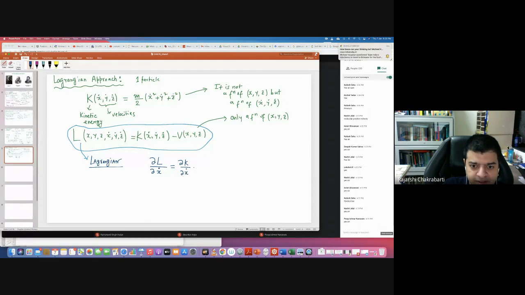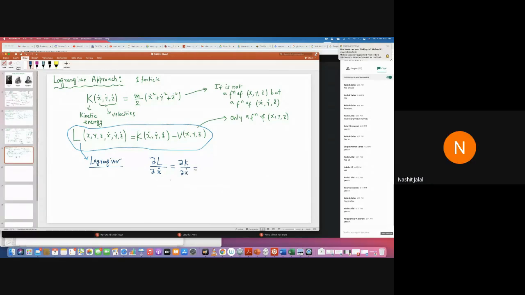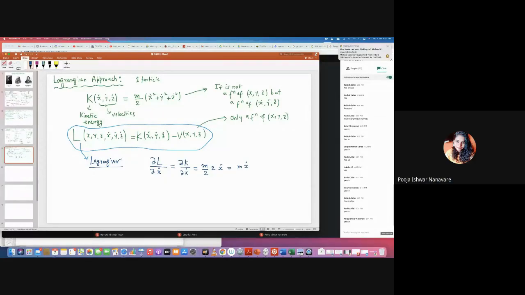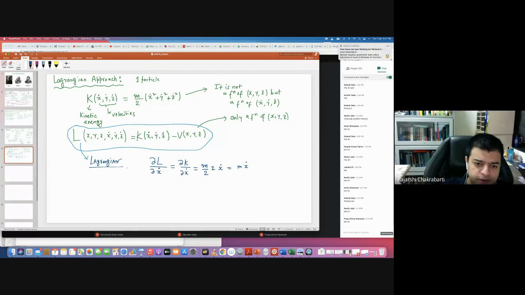And what is that answer? 2m x dot, yeah, so it will be m by 2 times 2 x dot, which is m x dot. Not 2m x dot, because you have a half outside. Is it fine? Okay, so you can do the same thing with respect to y dot and other things, okay?